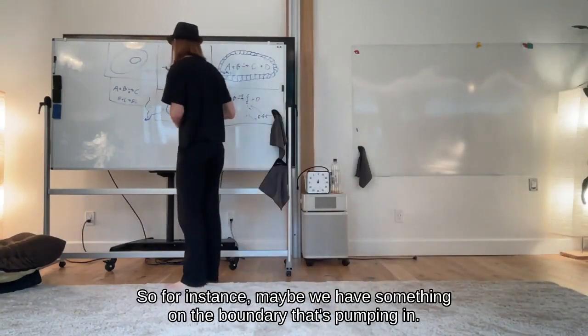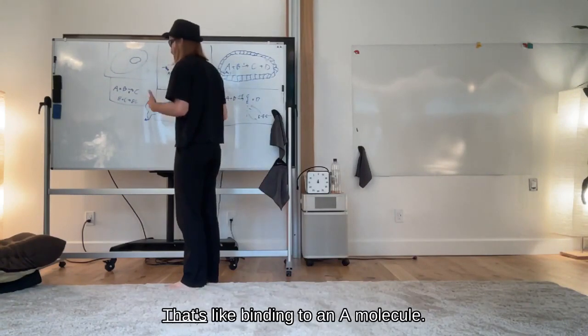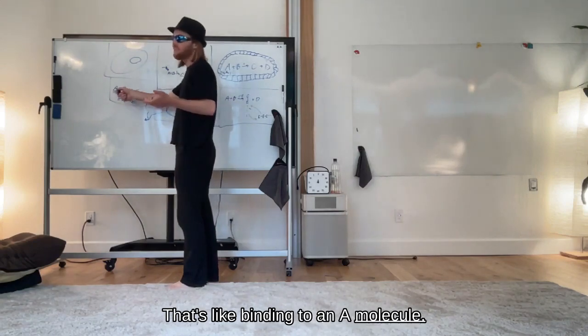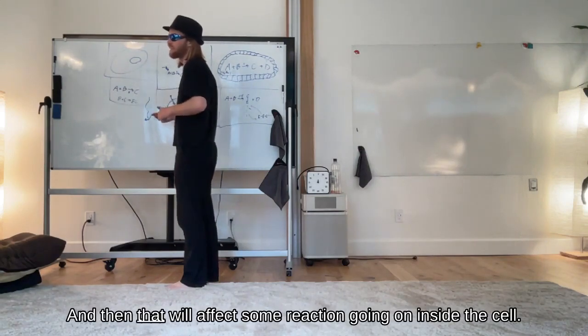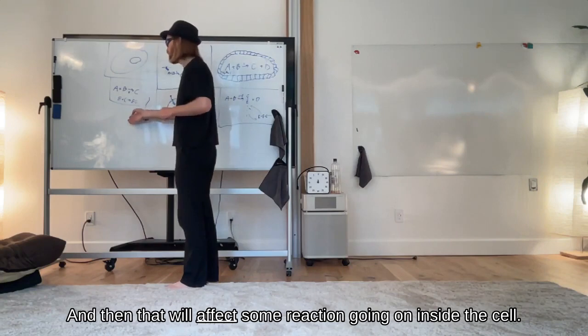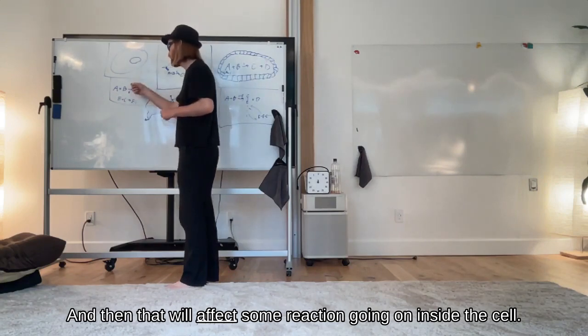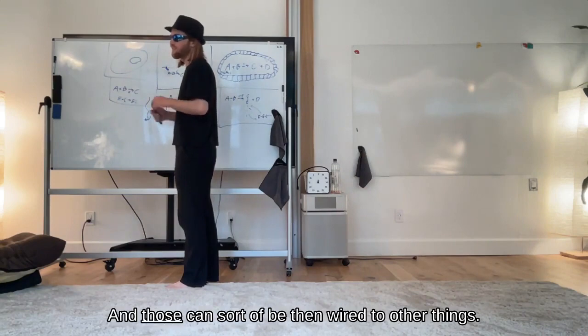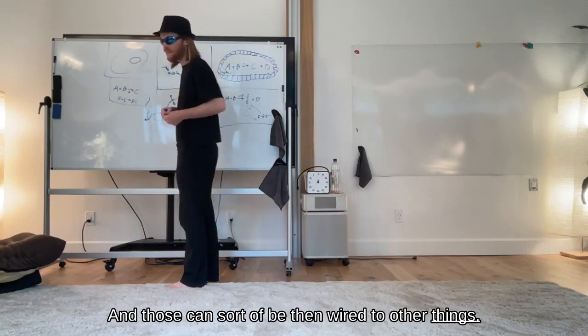So for instance, maybe we have something on the boundary that's pumping in, binding to an A molecule, and that will affect some reaction going on inside the cell, and those can then be wired to other things.